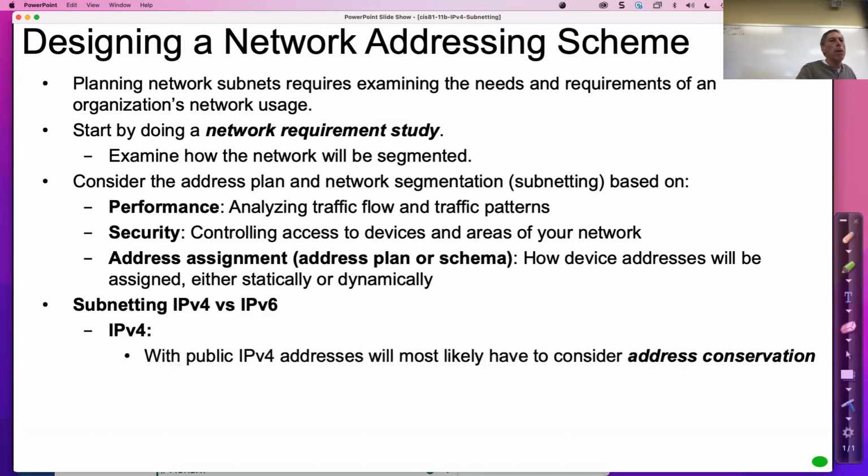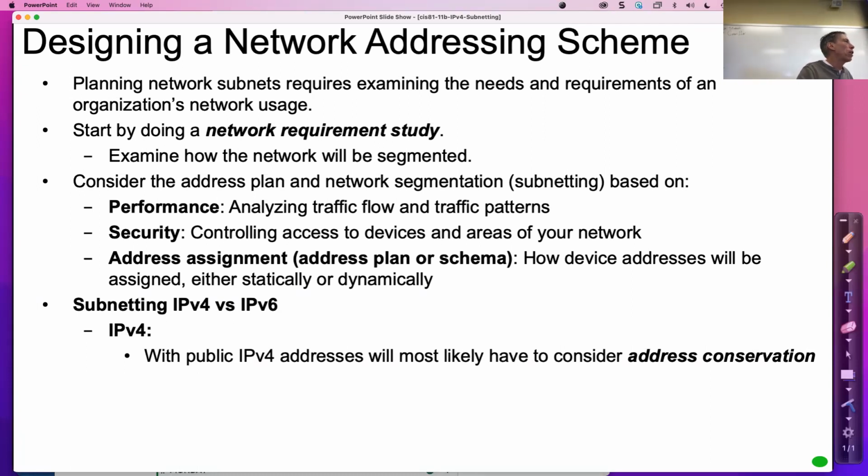You assign your switches certain addresses. But we'll see that with IPv4, one of the reasons we subnet as much as we do, and the reason it becomes a little more painful, is address conservation. A lot of what we have to do is, hey, I only have so many public IPv4 addresses.